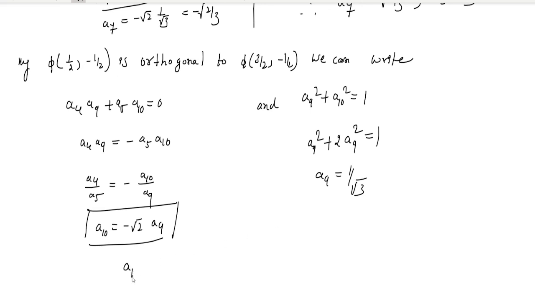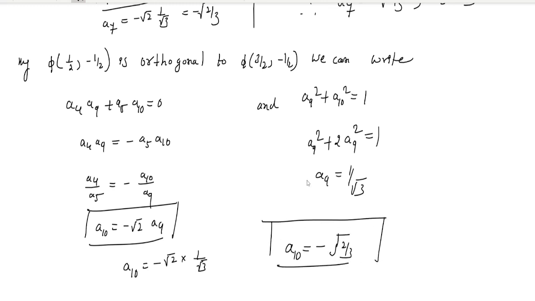So then a10 equal to minus root 2 into 1 divided by root 3, means a10 equal to minus root of 2 divided by 3. So these are all the CG coefficients, J1 is equal to 1 and J2 is equal to 1 divided by 2.